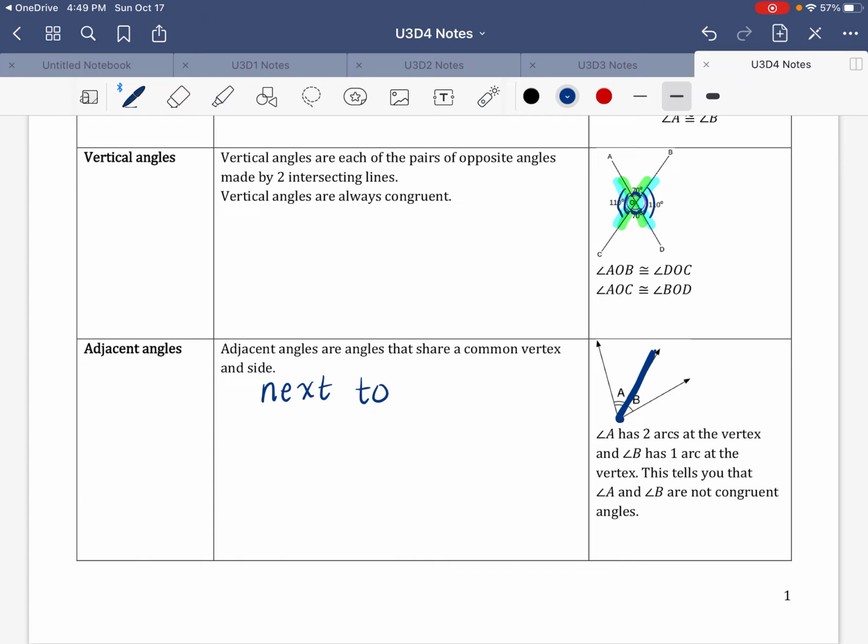So here you can also see that angle B has one arc and angle A has two arcs. So again, this tells us that angle A is not congruent to angle B, because they have a different number of arcs.